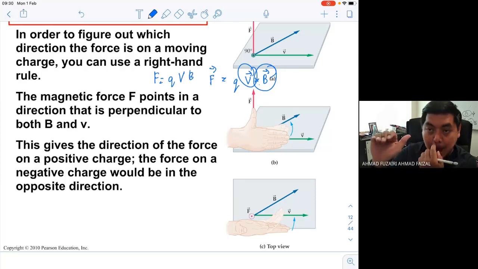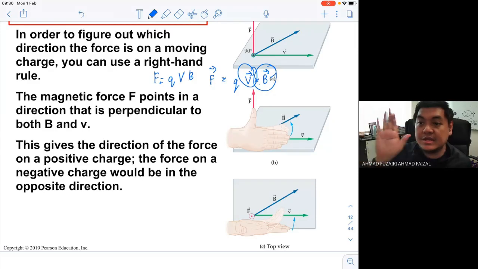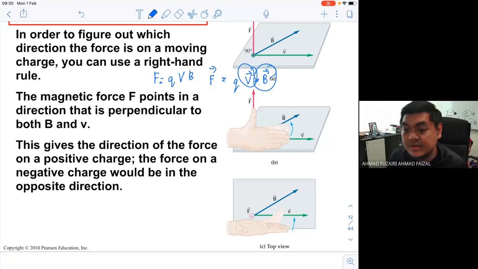V crossing B. But you must use the right hand rule. In the picture it looks like my left hand, but it is actually my right hand. Use your right hand rule.